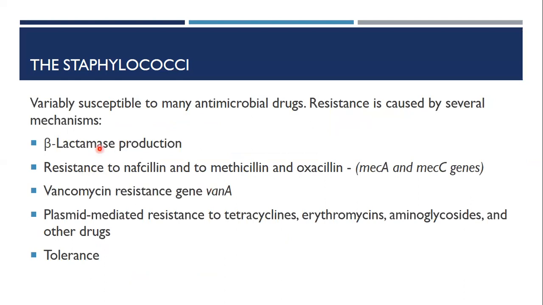Remember, generally, Staphylococcus bacteria, being gram-positive with a thick peptidoglycan layer in the cell wall, are susceptible to the effects of beta-lactam antibiotics. In order to evade the effects of beta-lactams, it becomes able to produce beta-lactamase, which basically breaks down the beta-lactam antibiotics.